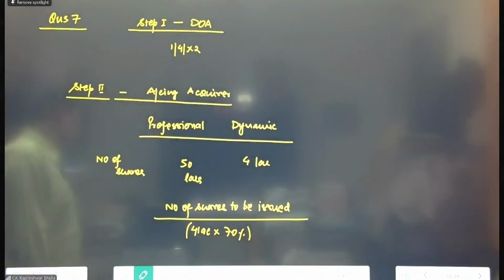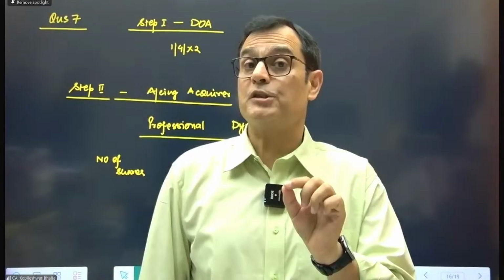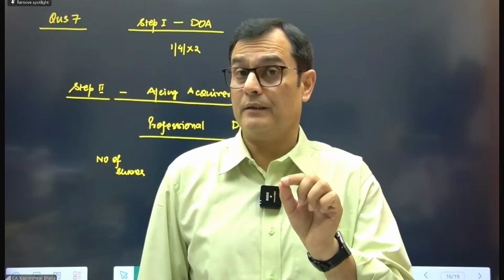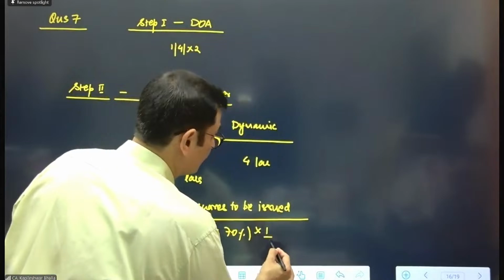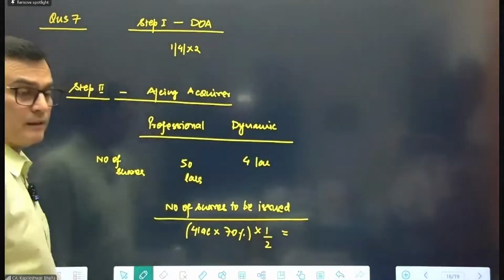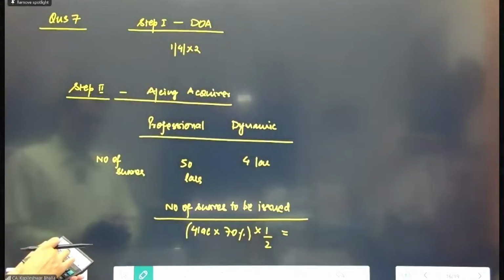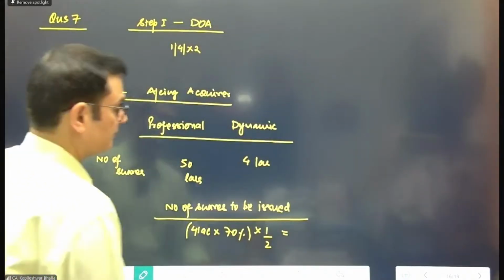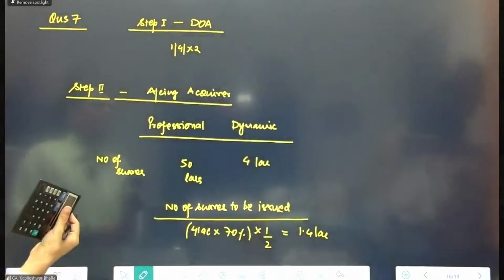Professional acquired 70% shares in Dynamic. So when you apply the ratio of exchange, first see the shares acquired is 70% and we are issuing 1 share for every 2 shares. So let's see the number of shares issued. I think it's 1.4. Yes, sir. 1.4. Correct. So this is 1.4 lakh.